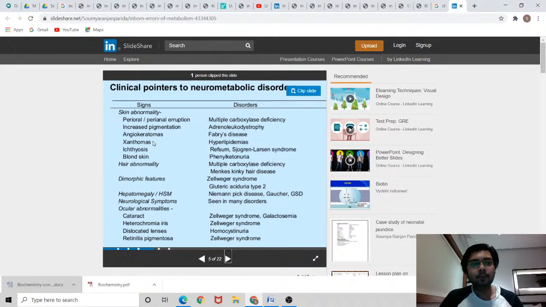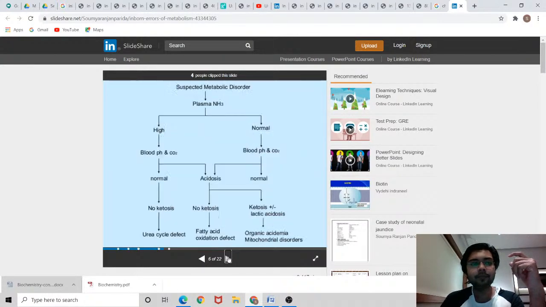Then xanthomas will particularly be seen in hyperlipidemias. Then perioral and perianal eruptions: in multiple carboxylase deficiency your baby will present with perioral perianal eruption. Increased pigmentation; in Fabry's disease, you will see angiokeratomas. So do make a note of these, and I will post the PDF in that group so that you can refer to it later.